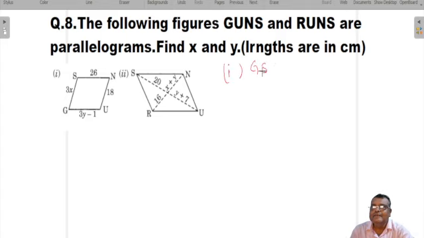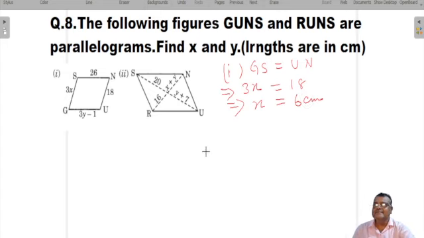GS is equal to UN, opposite sides of a parallelogram. And so 3x is equal to 18. That is, x is equal to 18 divided by 3, which is 6 centimeters. X is 6 centimeters.